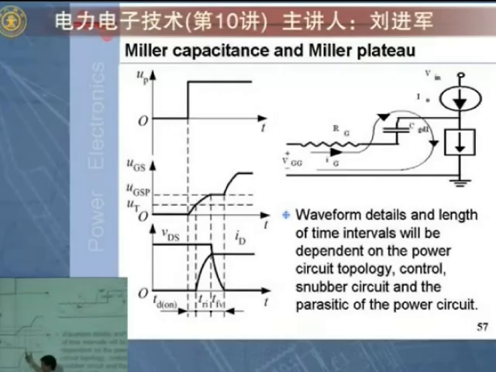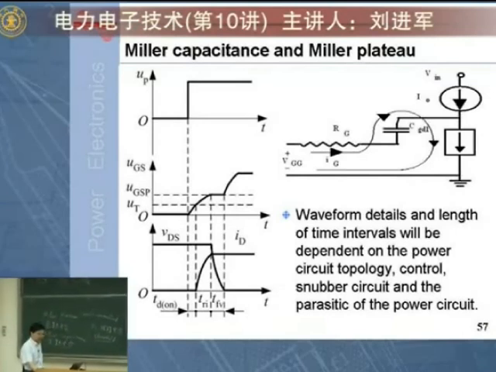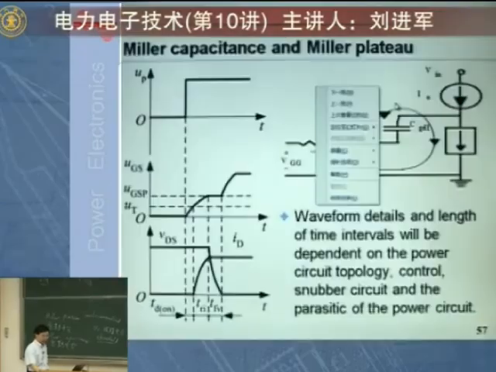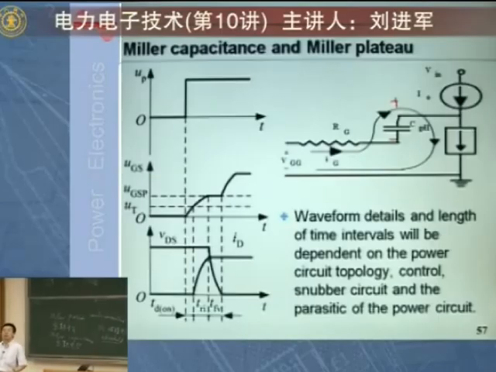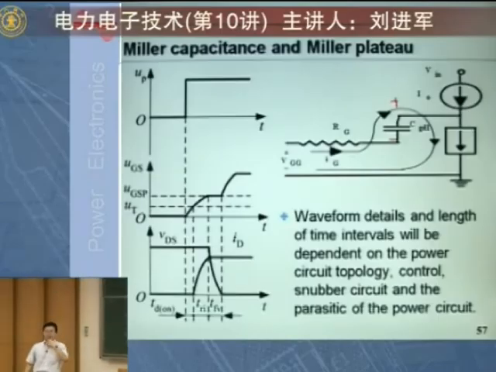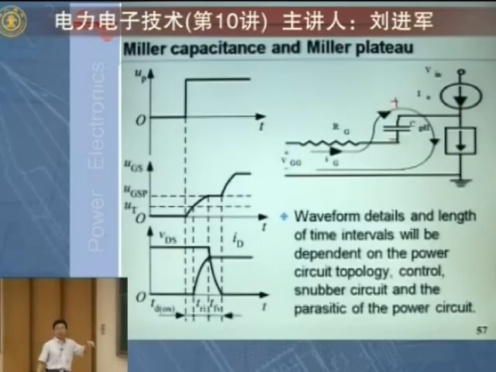When this current has increased to the steady state value, there will be a process for the voltage across the capacitor here. Originally, before the MOSFET is turned on, the voltage between drain and source is upper side positive, lower side negative, so the capacitor will have upper side positive, lower side negative voltage.